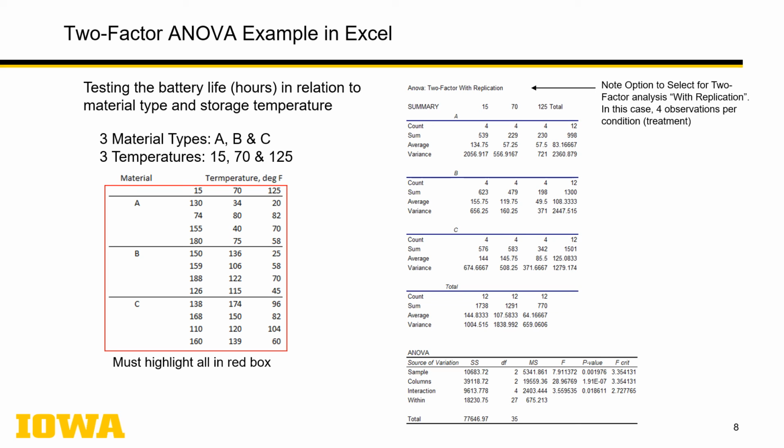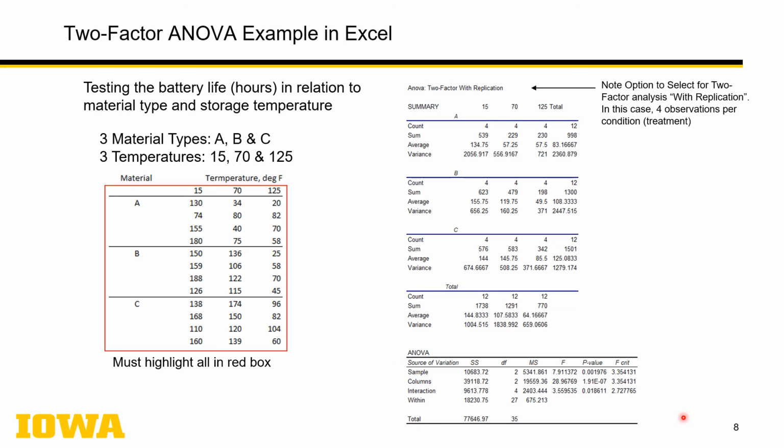And again, now you know what they mean with replication as versus without. And again, it's going to give you a summary, like they did for the one-way ANOVA, for each of the material types here, A, B, and C, and then across the top with the different temperatures. So you get the number of values, the sum, the average, etc., and the total averages.